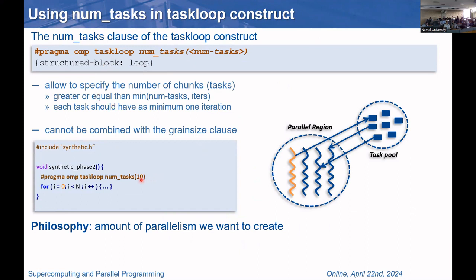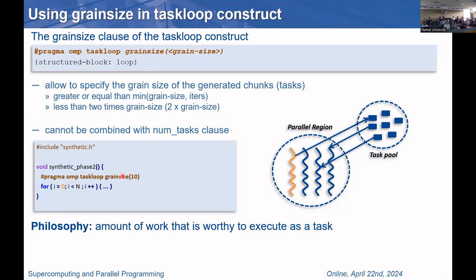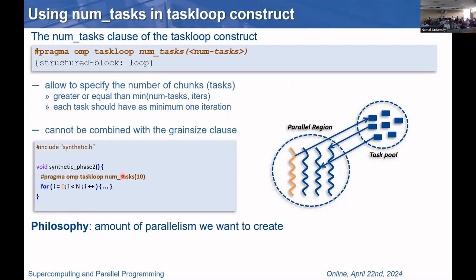So if you know the number of threads, you can create double the tasks, for example. You have 5 threads, I'm going to create 10 tasks. It is not good to hard-code the numbers here, so I would probably prefer to use grainsize, because it's more understandable from the programmer perspective. But you have the two options in case you want to play with the specification.